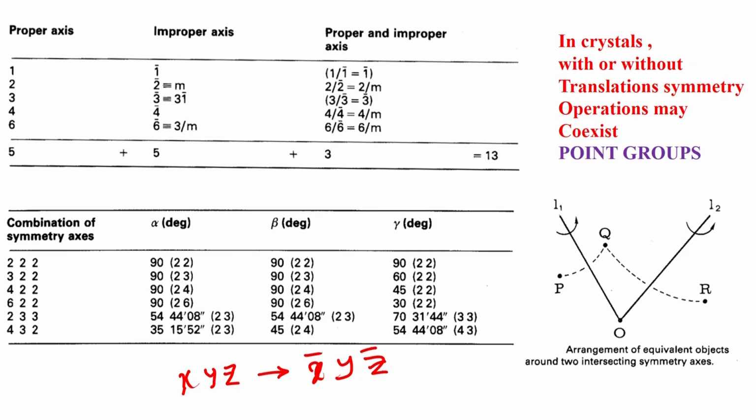So, the values of x and z became minus x and minus z. This is the twofold operation and this is a proper axis operation. So, the symmetry that is defining now the point group symmetry is 2. We take x, y, z to minus x, y, minus z.